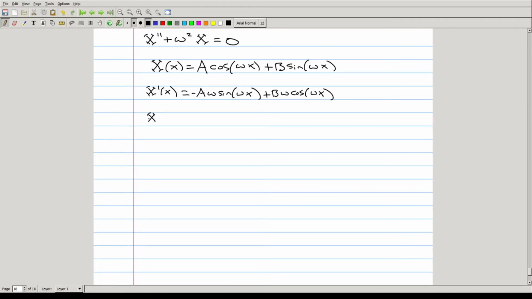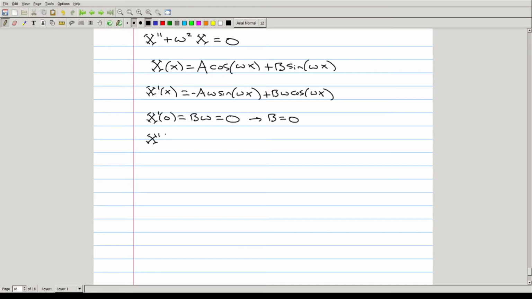And when we plug in the boundary conditions, we get x prime of 0 is equal to b times omega, which has to be equal to 0, which implies that b is equal to 0.